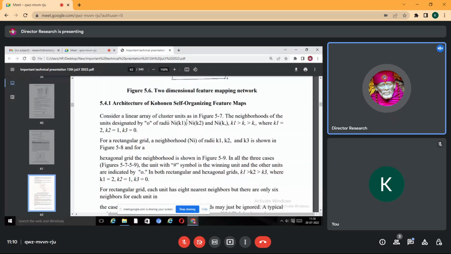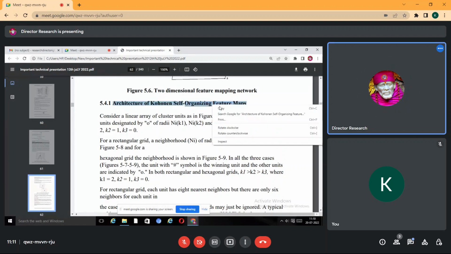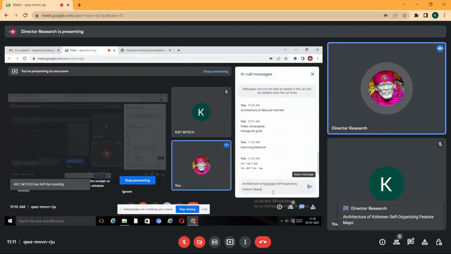Architecture of the Kohonen self-organizing algorithm. Architecture and algorithm steps are very important for each and every topic. Consider a linear array.